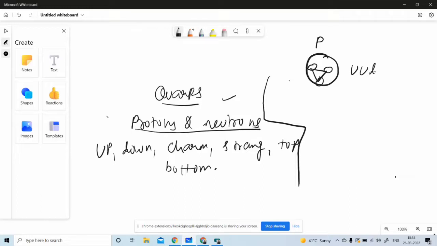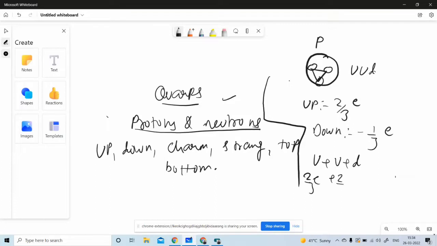Up quark has a charge of 2 by 3 e. Down quark has a charge of minus 1 by 3 e. So see, this composition is U plus U plus D. So that is 2 by 3 e plus 2 by 3 e minus 1 by 3 e. So it is 4e by 3 minus 1e by 3. So it is 1e. Clear?